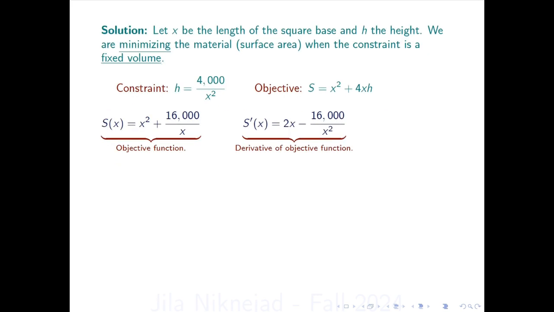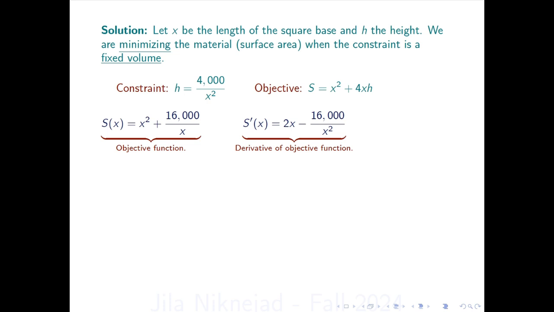Then you take the derivative of the objective function. In this case, the derivative of x squared is 2x. The derivative of 16,000 over x is negative 16,000 over x squared.